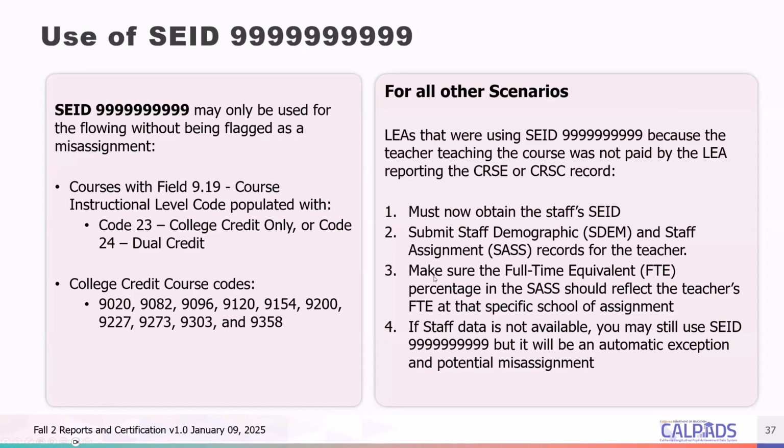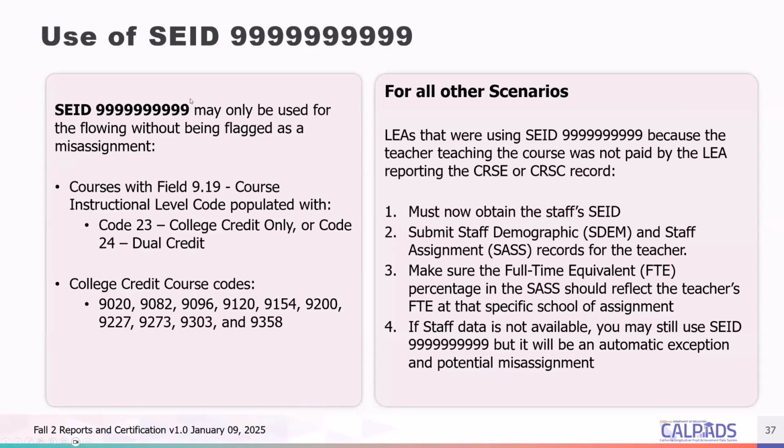If you have a new staff member and you don't have their seed, or it has yet to be assigned, use the seed 999 to report the course. Obviously, you can't report that staff member because you don't have a seed for the demographic or the SAS.